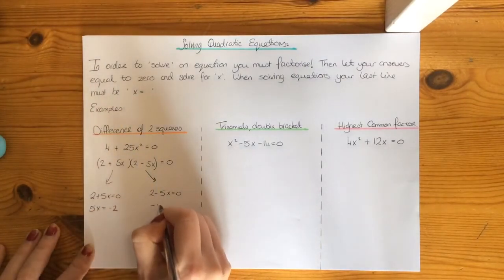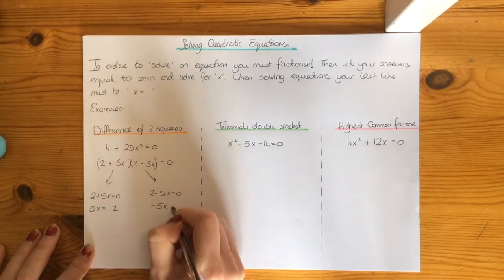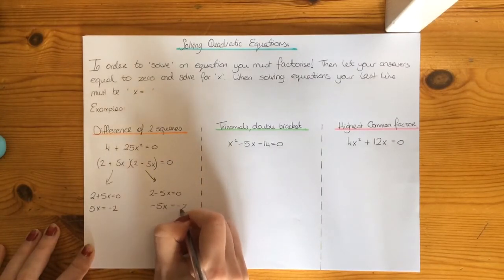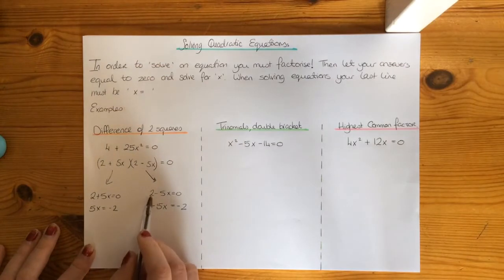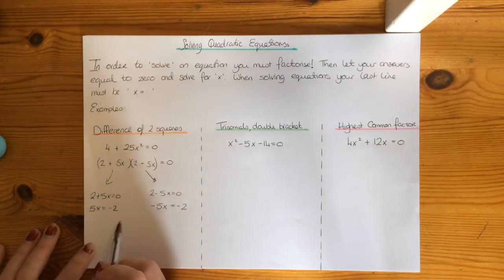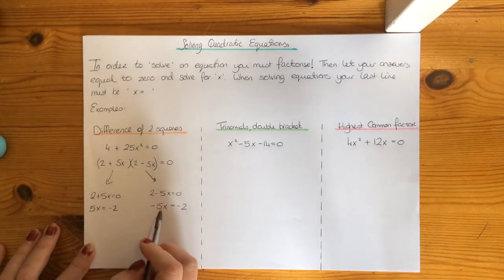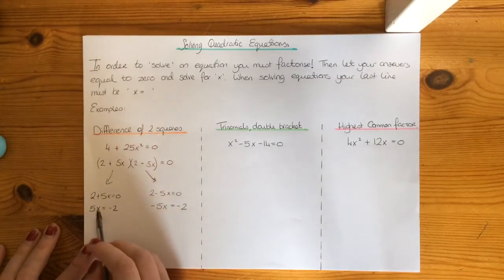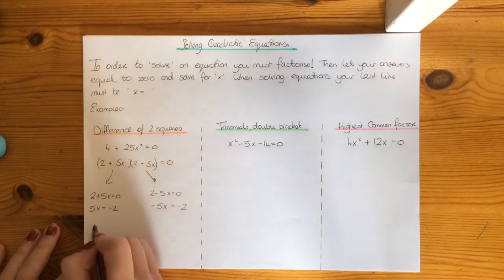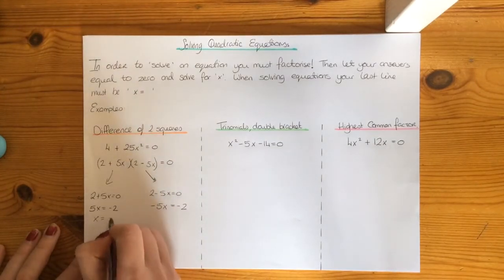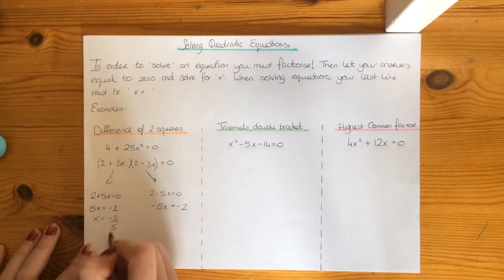Or here we've got minus 5x equals minus 2. Okay, so I brought the plus 2 over, brought the plus 2 over. Now, 5x, minus 5x, we want the x by itself. So it's been multiplied by 5 here, so we must divide down. So we're going to say x equals minus 2 over 5.